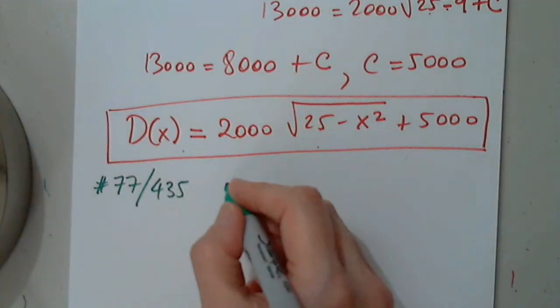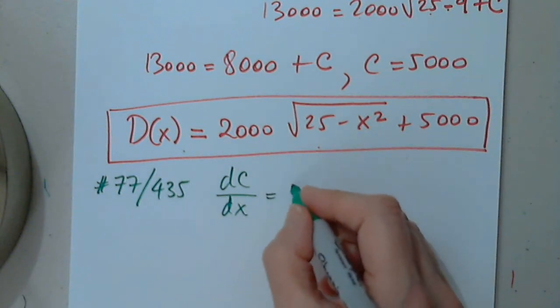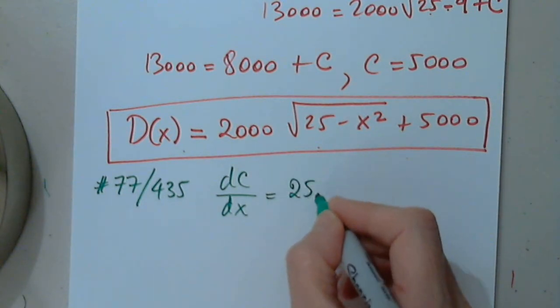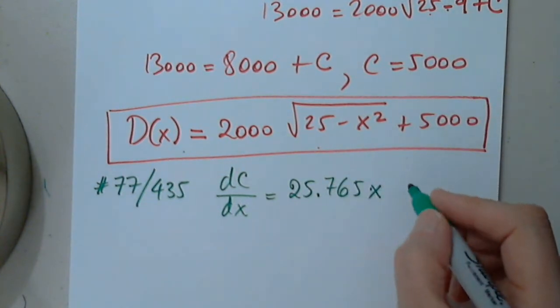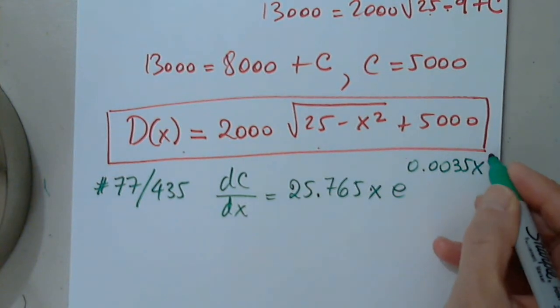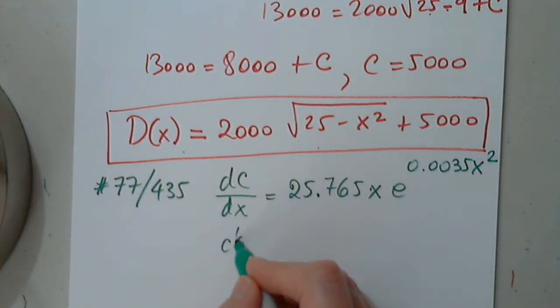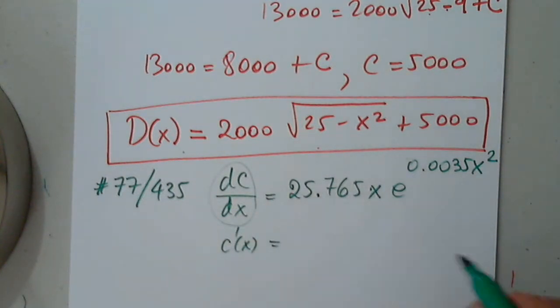Okay, so they're giving us, just to confuse us, I'm going to explain why they're trying to confuse us. Instead of saying c prime of x, they're giving us this. It's the same thing.